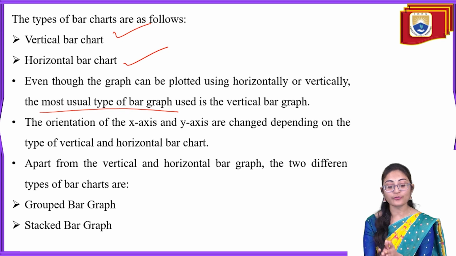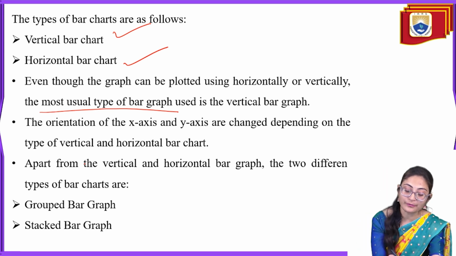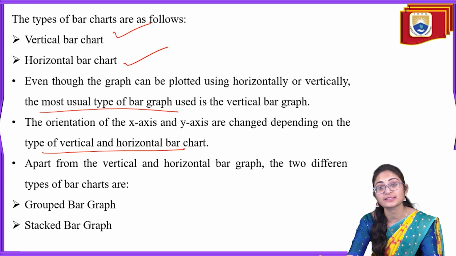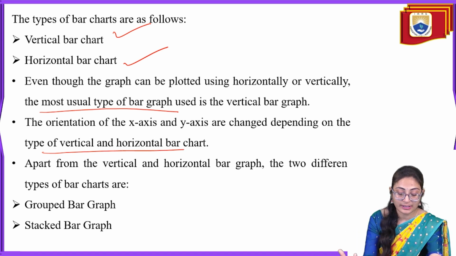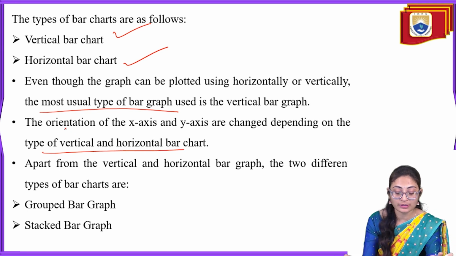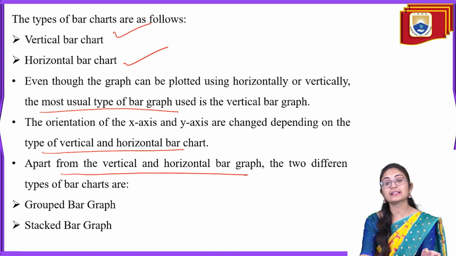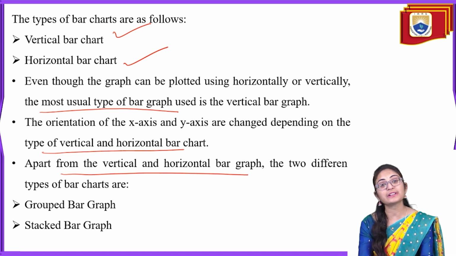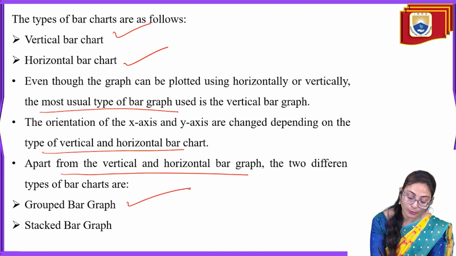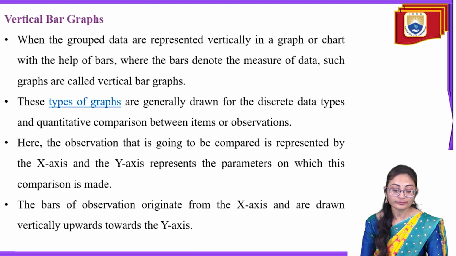And the orientation of the x-axis and y-axis changes, and these changes totally depend on which type of bar chart you are using, vertical or horizontal. Apart from the vertical and horizontal bar graph, there are again two different types of bar chart. One is the grouped bar chart and another one is the stacked bar chart.